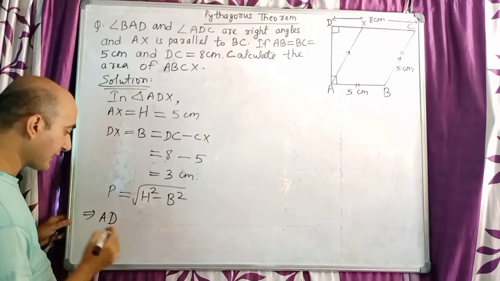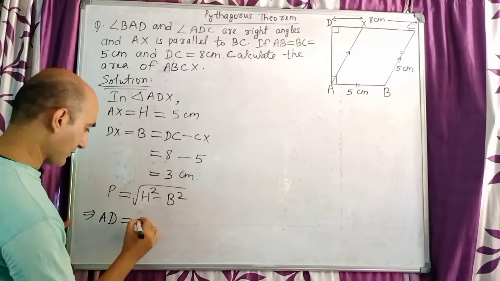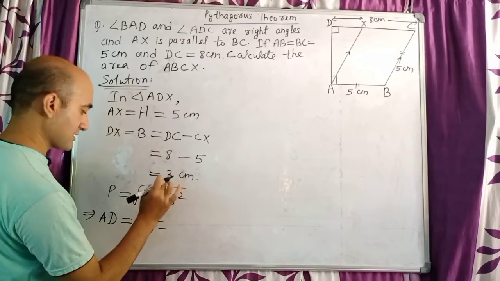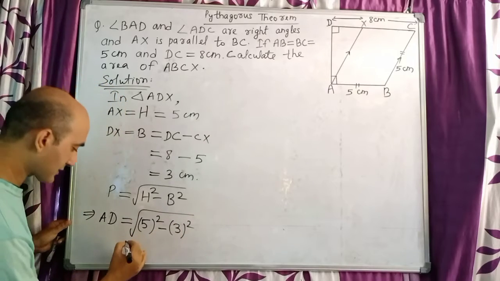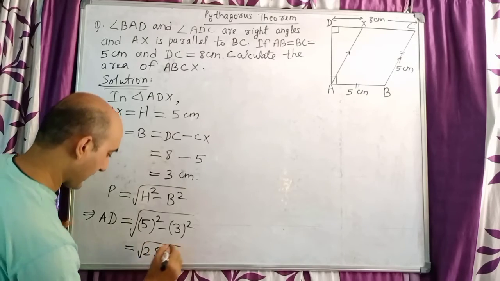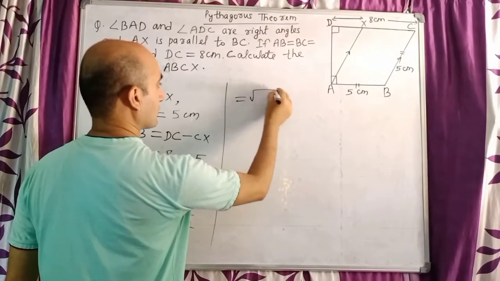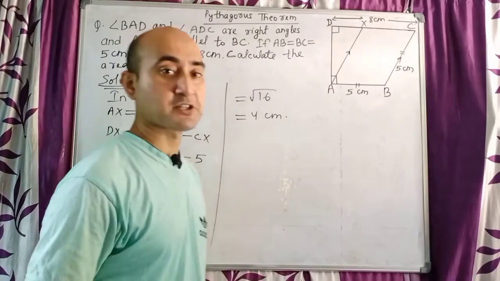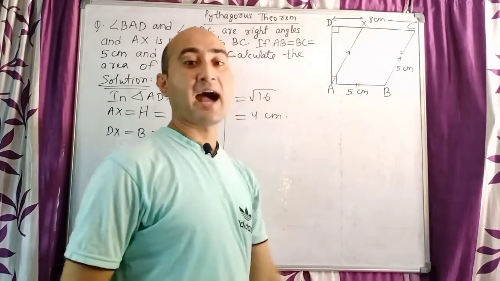AD equal to root of hypotenuse 5 whole square minus base 3 square. Next, this will be 25 minus 9, equal to root 16, and its value will be 4 centimeter. So I got my perpendicular, that is, I got my height.